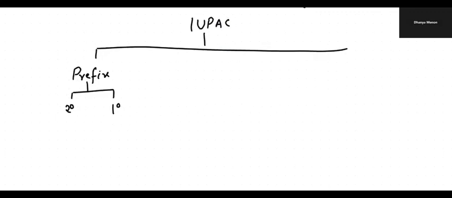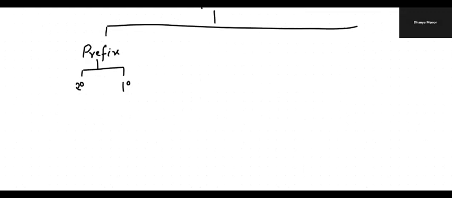Okay. So first we talk about secondary and then primary. If secondary prefix are there, for example, branches or substituents.